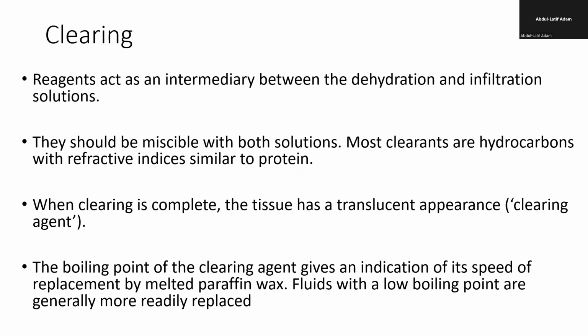So clearing serves as an intermediary between dehydration and infiltration, and it's miscible with both solutions. It's miscible with the alcohol, and it is also miscible with the molten paraffin wax, and it also makes the tissue a bit translucent.